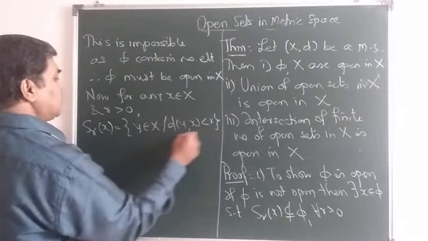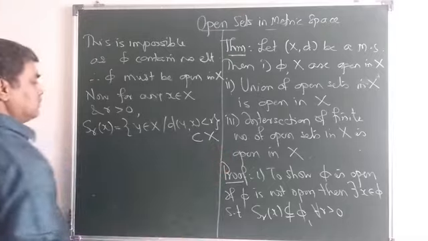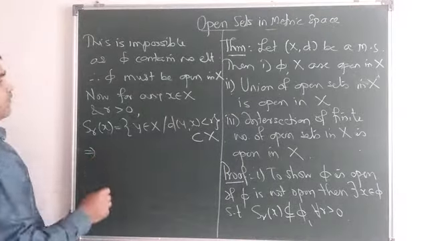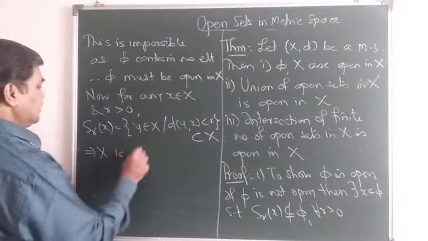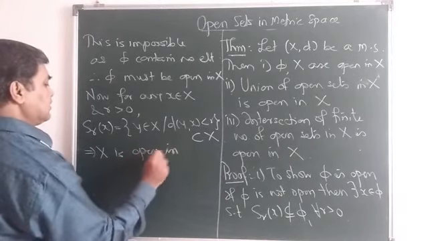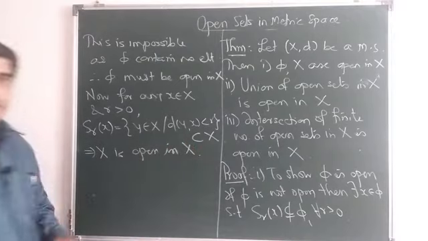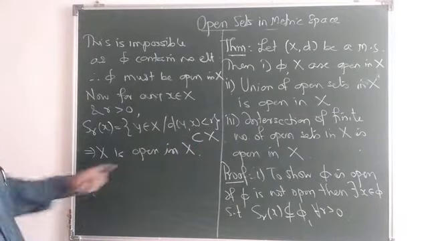This is always a subset of X, which implies X is open in X. So we proved that phi and X are open.